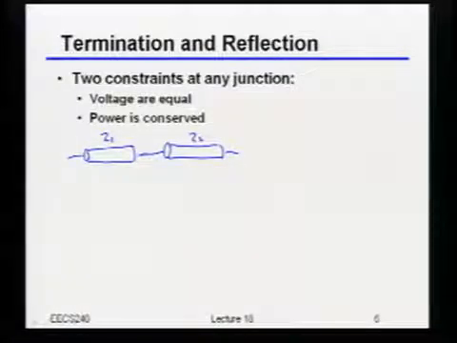You can imagine changing the widths or the spacings of the wires, that's what's going to change those characteristic impedances. Anytime you have a physical junction of two different things, it's like having two different transmission lines that are talking to each other.